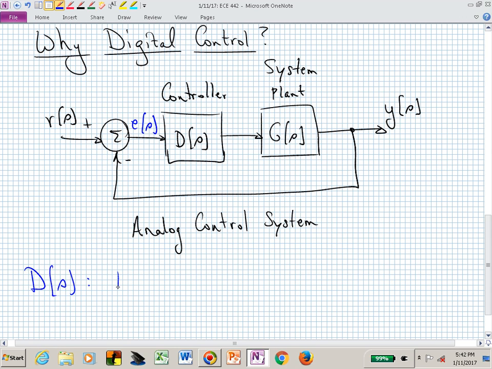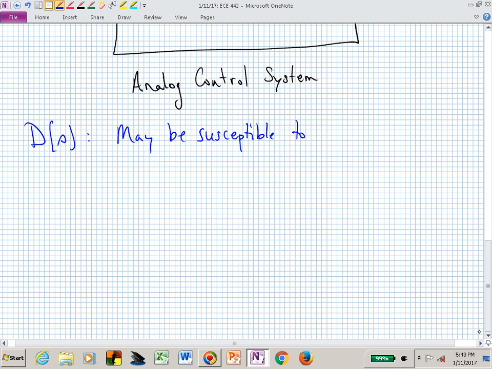D of S may be susceptible to several things. One is environmental conditions.